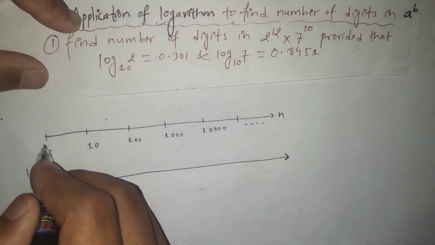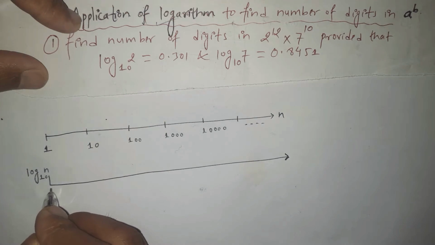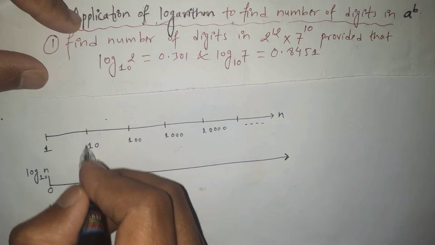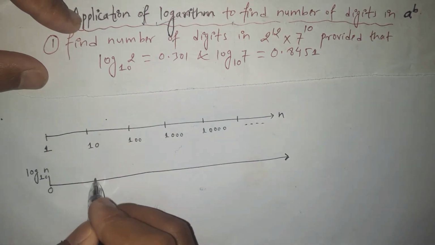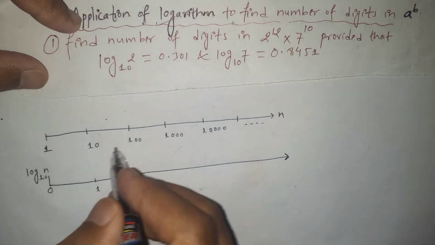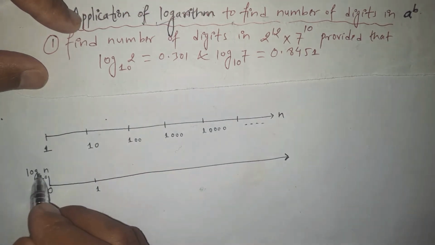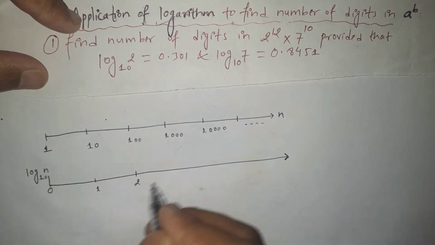At the value of 1, the logarithm value will be 0. When the value of n is 10, then the log of 10 with base 10 will be 1. Similarly, when the value of n is 100, then log of 100 with base 10 gives us 2.